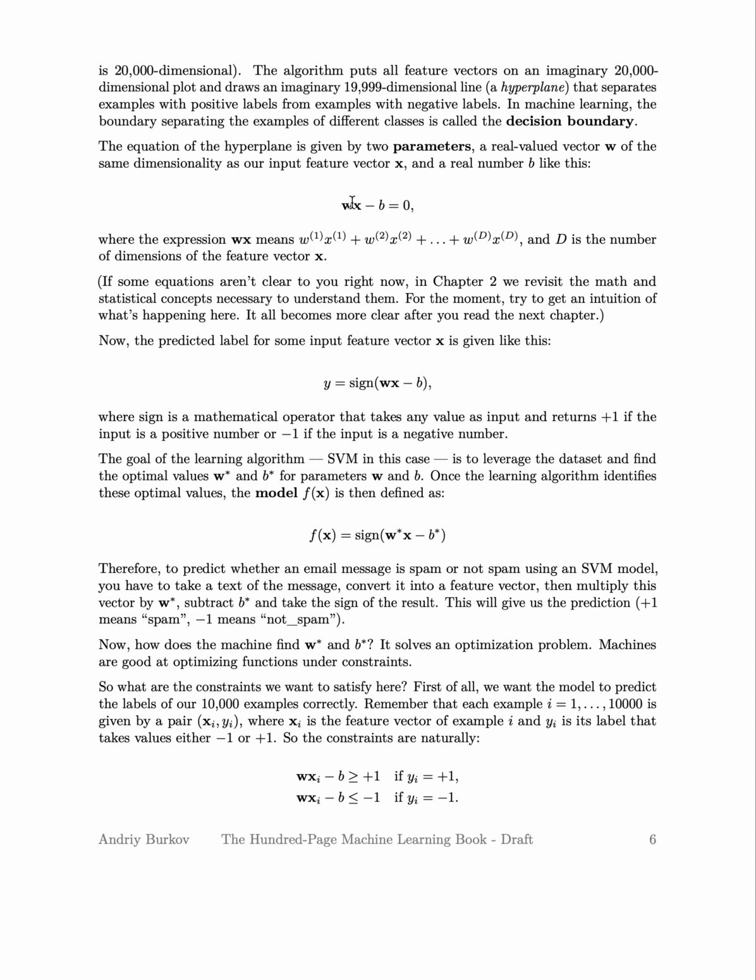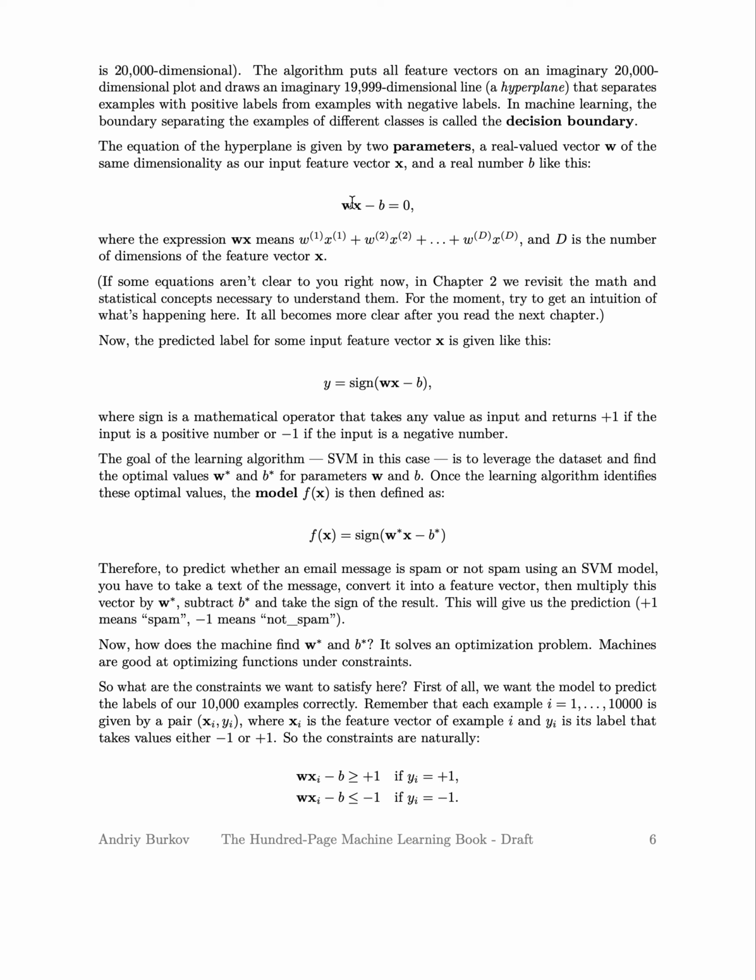It will plot this point on a graph, and it will draw an imaginary hyperplane, a 19,999 dimensional line, that will separate the positive labels from the negative labels, and this line will be known as a decision boundary.